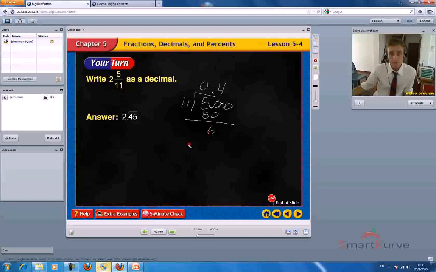Find 2 and 5/11 as a decimal. 5 divided by 11. 11 goes into 5 0 times. 50, 11 goes into 50 4 times, with a remainder of 6.